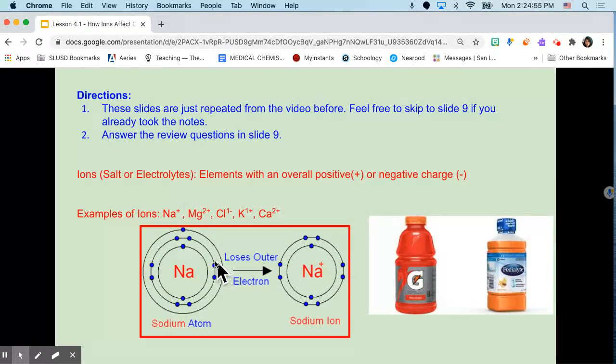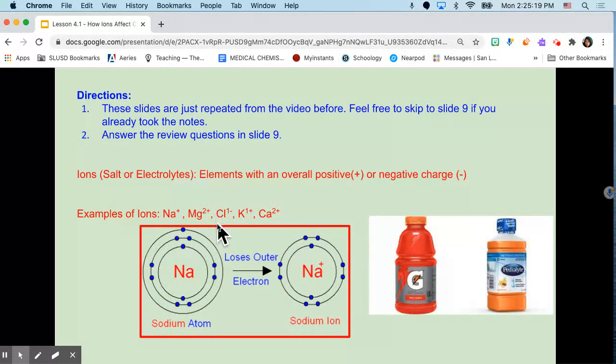But basically, know what the definition of an ion is, and know that these are some examples of ions in our body. To show that they are ions, we put a plus sign if they have a positive charge and a minus sign if they have a negative charge. And we'll talk about what these numbers mean in future lessons, right?